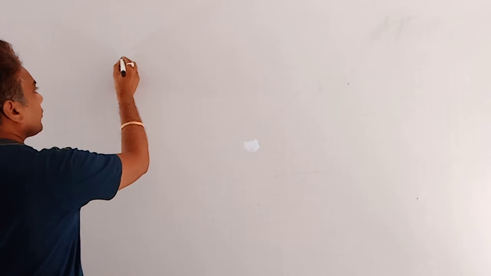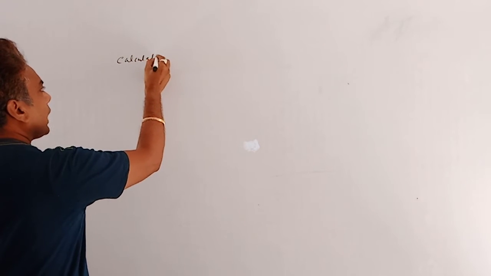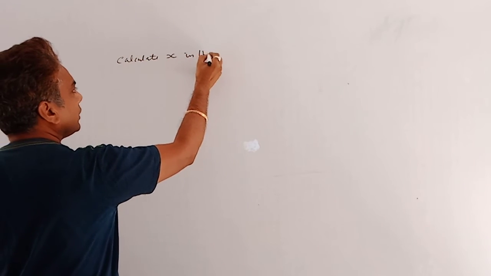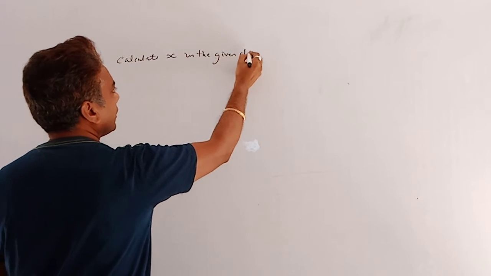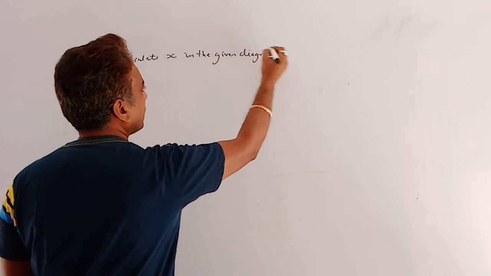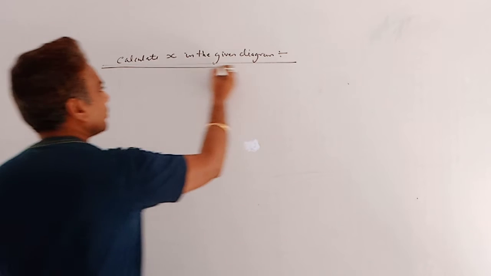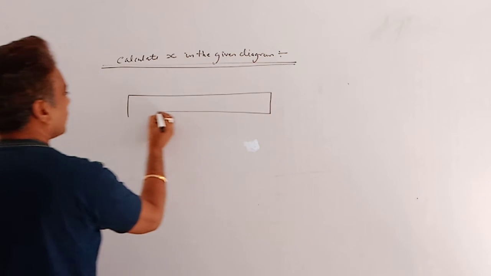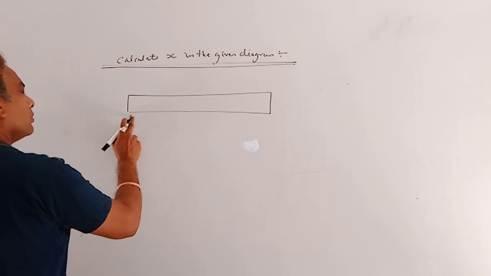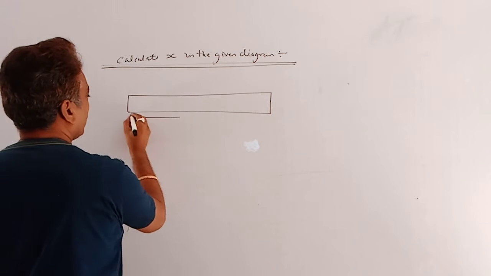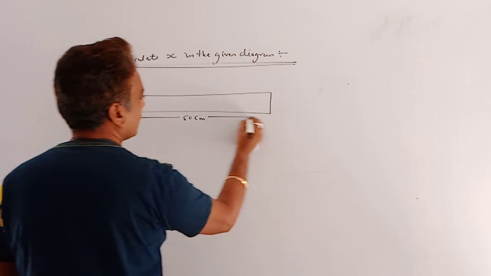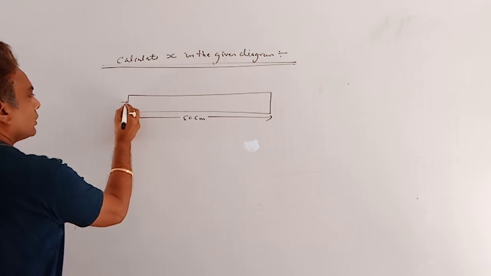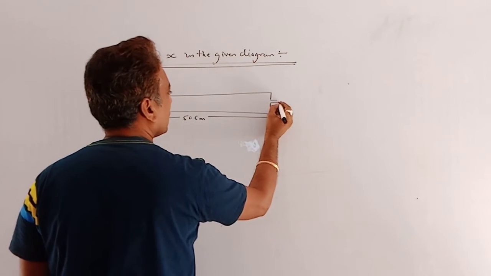Now, another type of question based on Graham's law. Suppose the question is: calculate x in the given diagram. Here is a tube of length, suppose, 50 centimeter. Here is a nozzle, and there is also another nozzle.